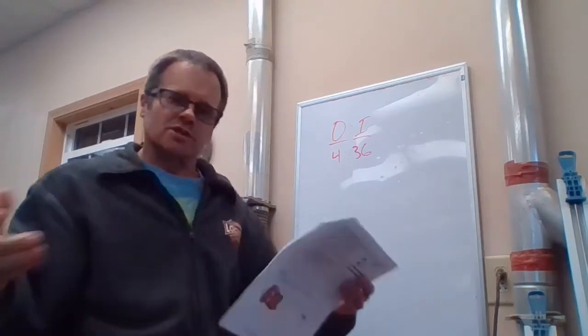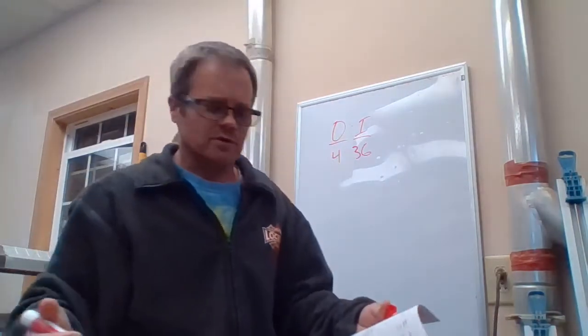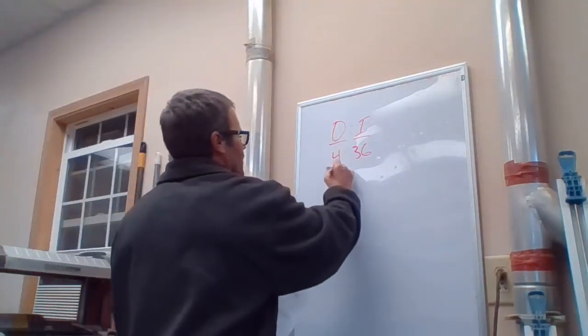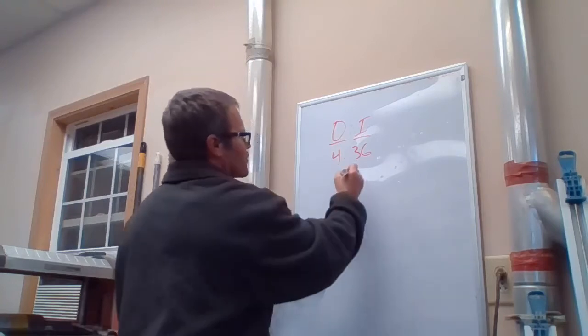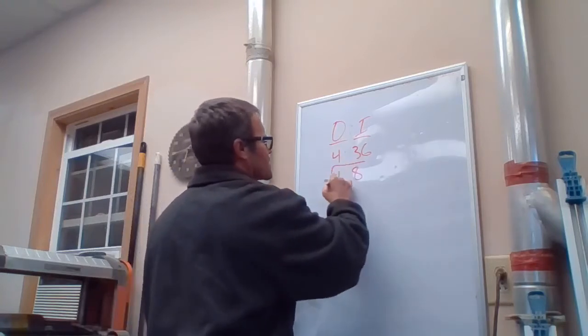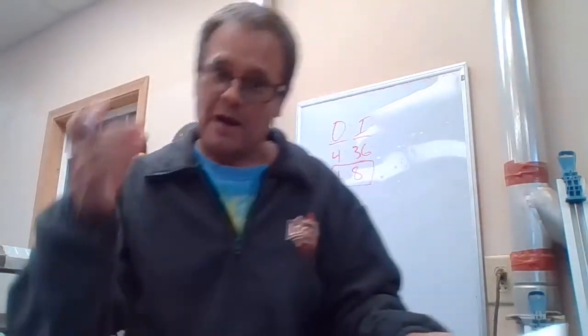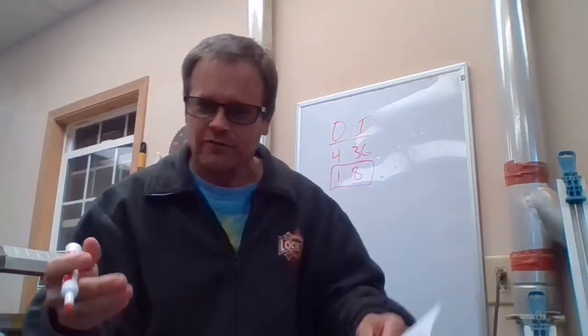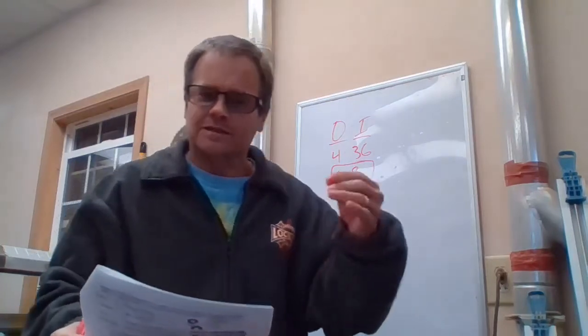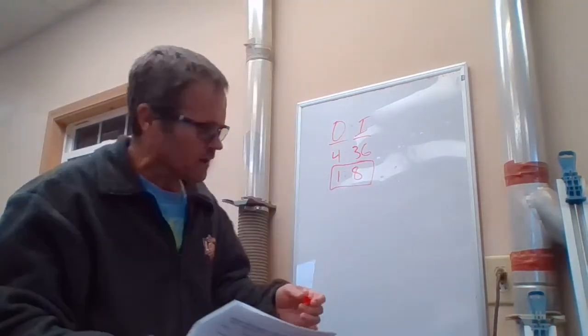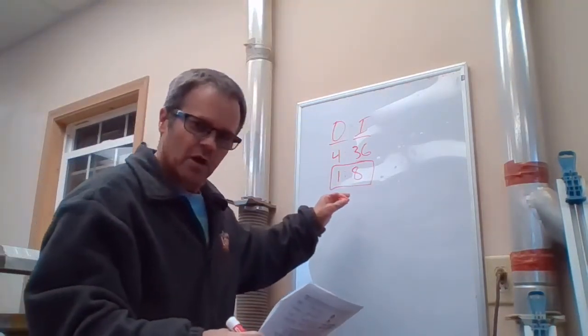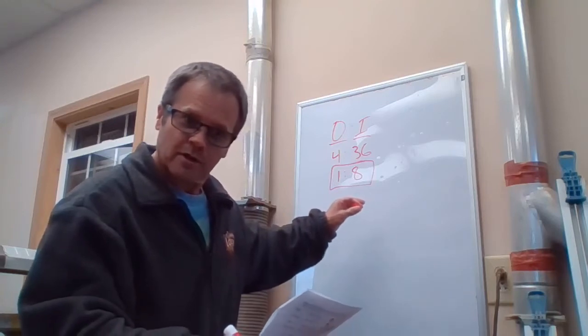So once again, just like a fraction, we can reduce this. 4 goes into 4, obviously 1 time. 4 goes into 36, 8 times. So our gear ratio is 1 to 8. Now, you think about this. You tell me, even though it's a video and I can't hear you, is this increasing speed or torque? I'll give you a second to think about it. Look at rule number 2.